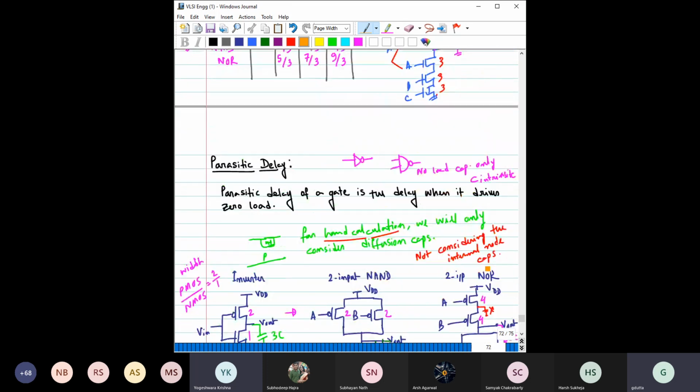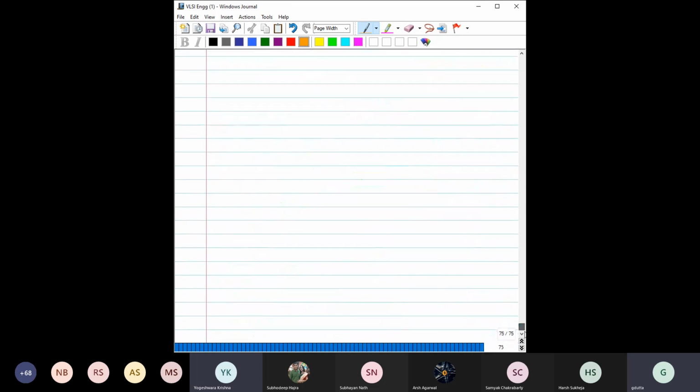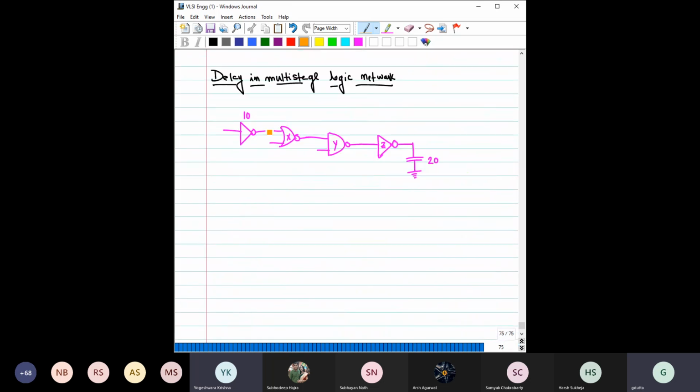So tomorrow we will start with this one. Here you can see we have only one path from here to here. But it can also happen that you have one more path here, which means you have some branching. Let us first discuss the very simple case without branching.